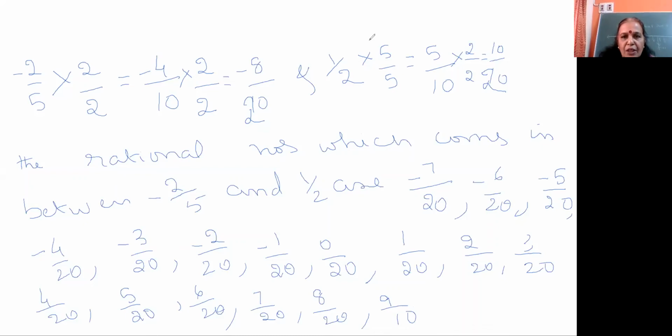Now one more sum. Find 5 rational numbers between 3/5 and 3/4. Here, multiply both numerator and denominator by the same number, so that you will get 3 4s are 12 and 5 4s are 20.